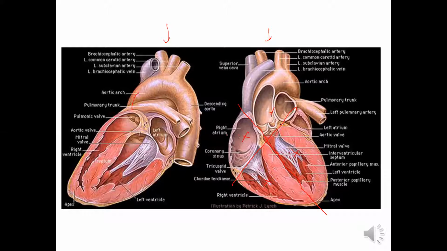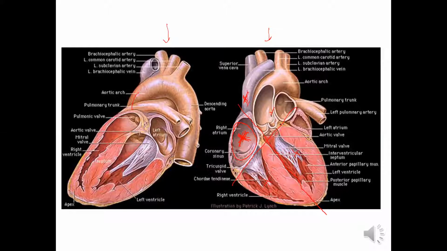And I'll tell you right now, the right side of the heart, right here, is where all the deoxygenated blood comes back to the heart. And this is called the right atrium. So the right atrium, very important that you know this. All of the deoxygenated blood comes back to the heart, to the right atrium, which means from the upper body, and that comes from a great vessel called the superior vena cava.